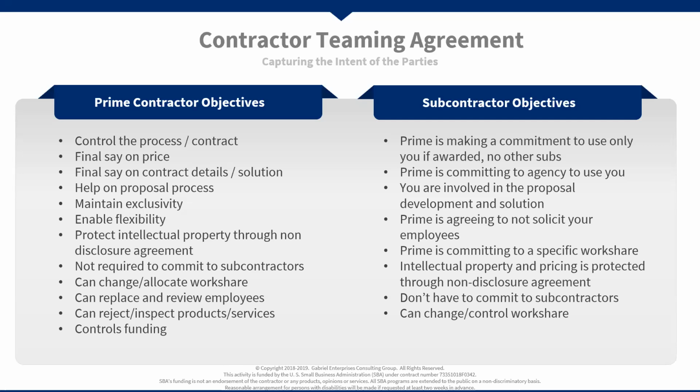Subcontractor, on the other hand, may also be looking to maximize their flexibility, but also wants some concreteness in what the prime is offering them if the team does indeed win the contract. So there's some tension there that has to be negotiated between the parties.